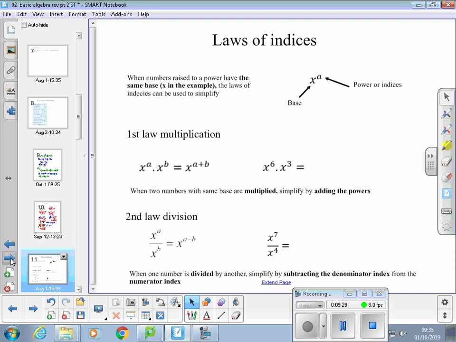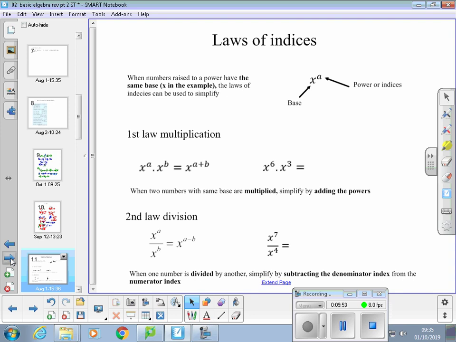The first law we've already come across this morning, the law of multiplication. When two numbers with indices in the same base are multiplied together, we can simplify by adding the indices. So x to the a times x to the b, we can write as x to the a plus b.